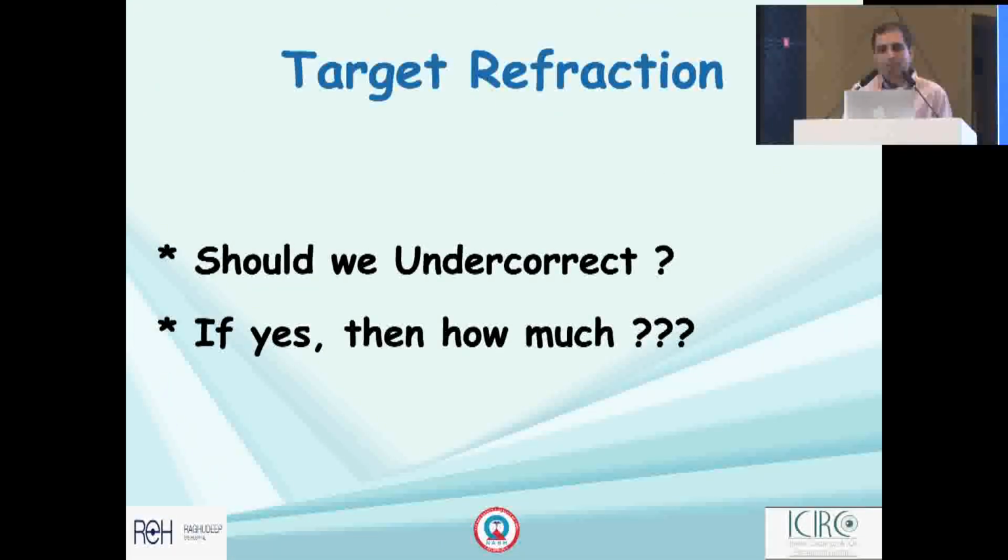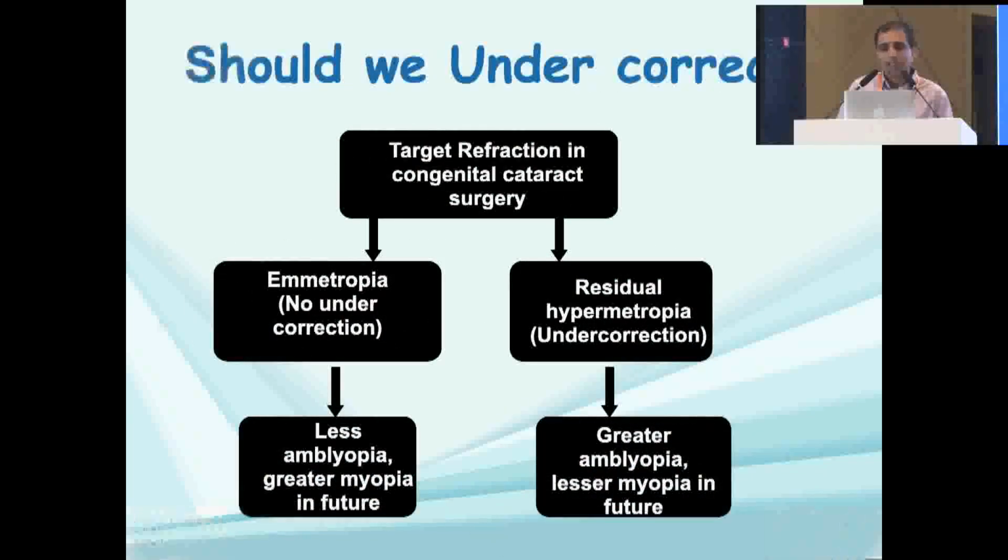Coming to the important question of how much do you target refraction? Do you actually undercorrect, keeping in mind the growth of the eyeball that is going to occur? If yes, then by how much? Or do you go for target emmetropia? So there are 2 schools of thought.